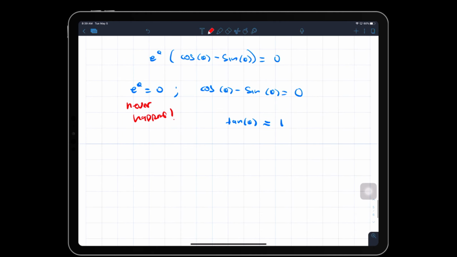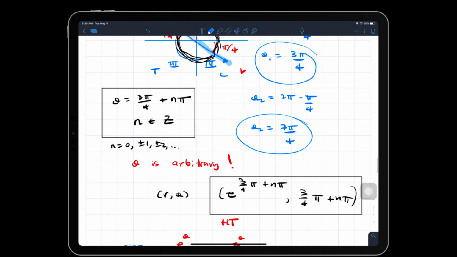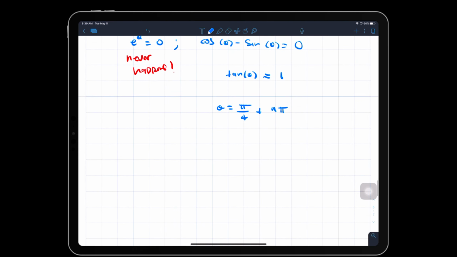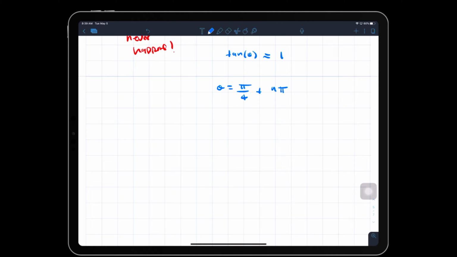And again, the solutions for tangent theta in general equal to 1 is that theta is pi over 4, and that'll be plus n pi forever. Because if you went back to the quadrant here, let's kind of do tangent theta being positive 1. That happens in quadrant 1 and quadrant 3, if you guys remember. Right?